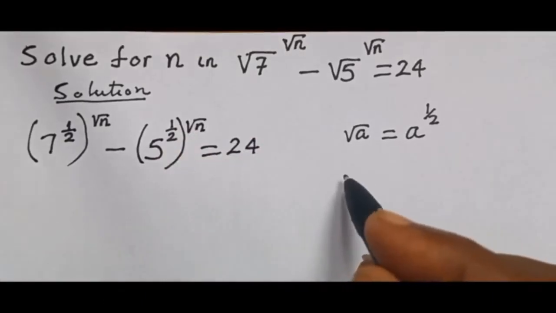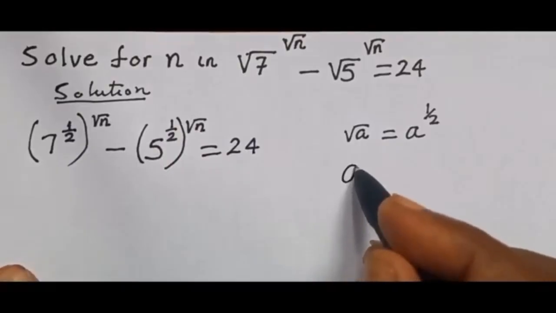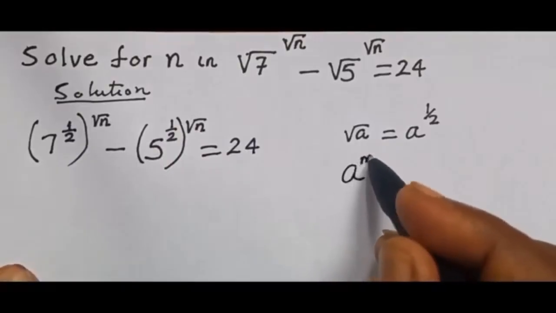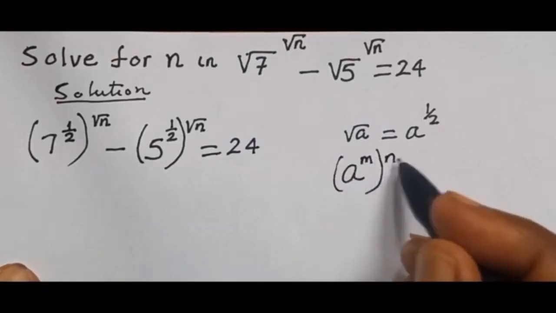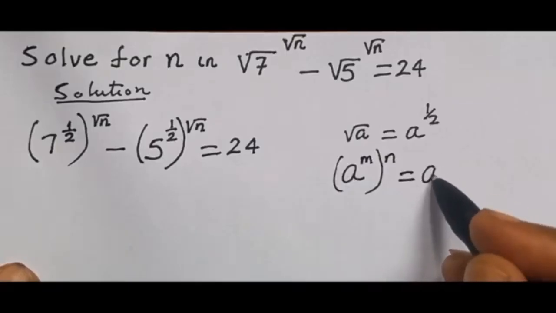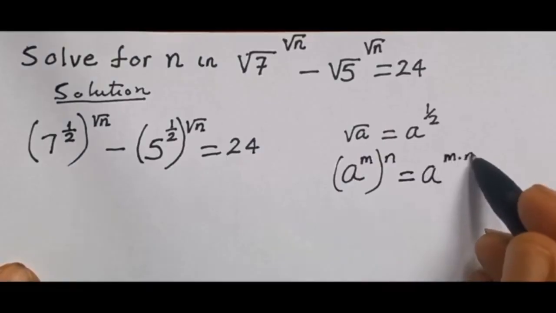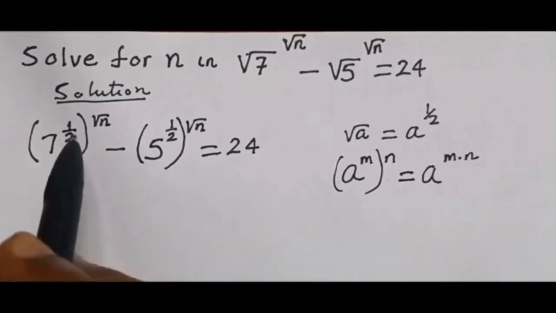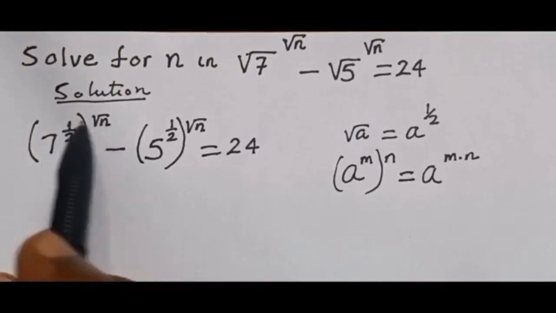Applying this law of exponent, which is a raised to power m in the bracket raised to power n, this is the same as writing a raised to power m times n. So in our case here, we are going to multiply these exponents.